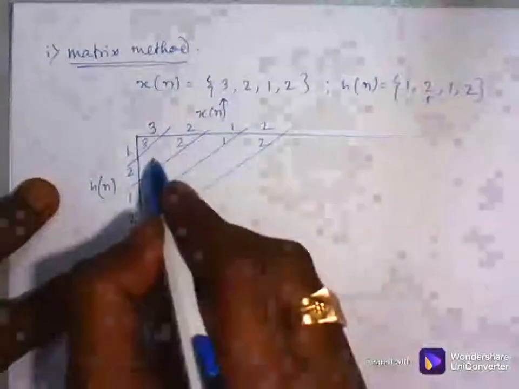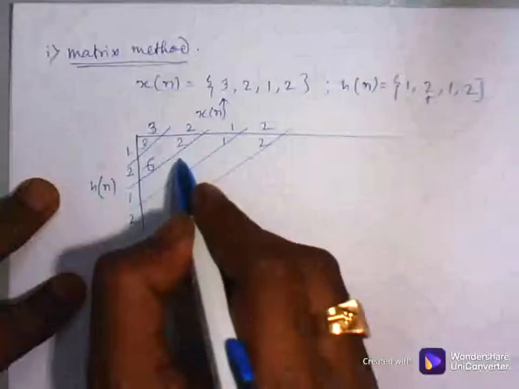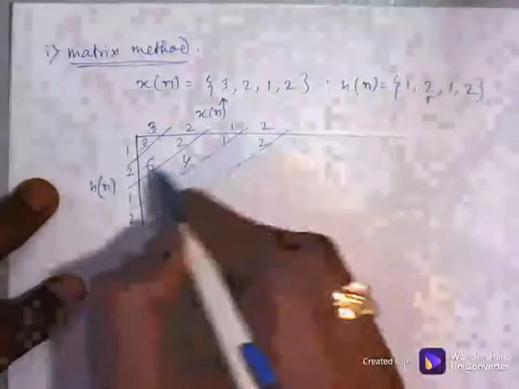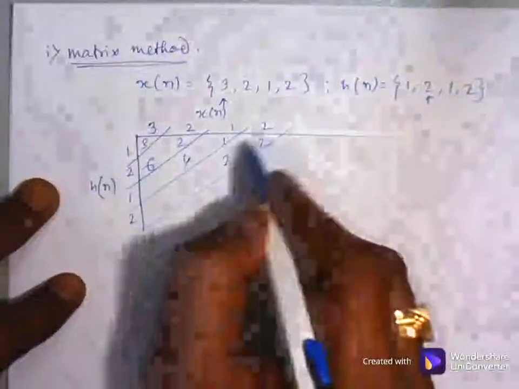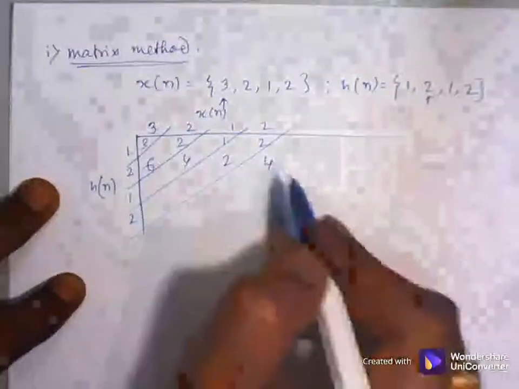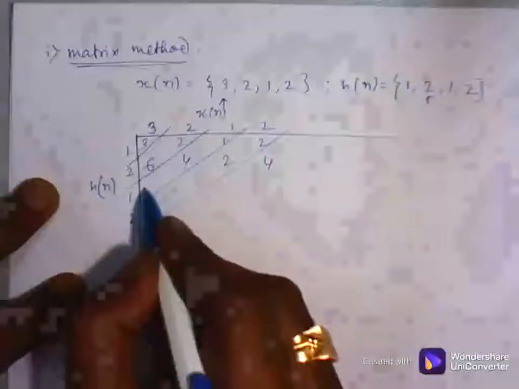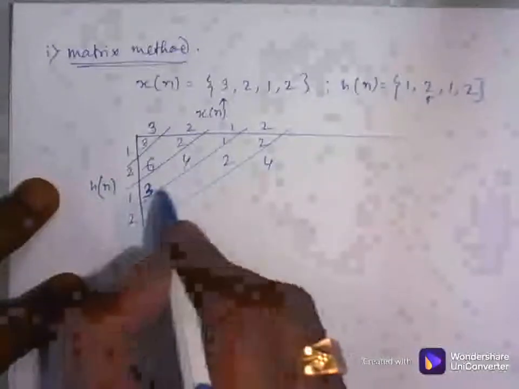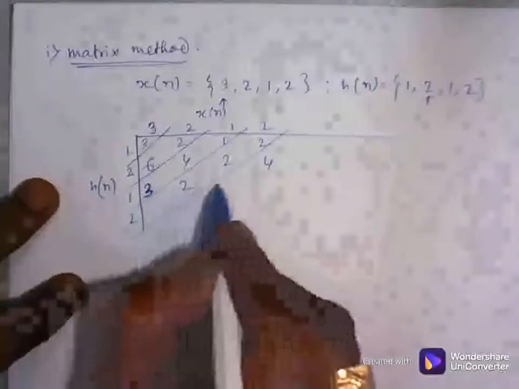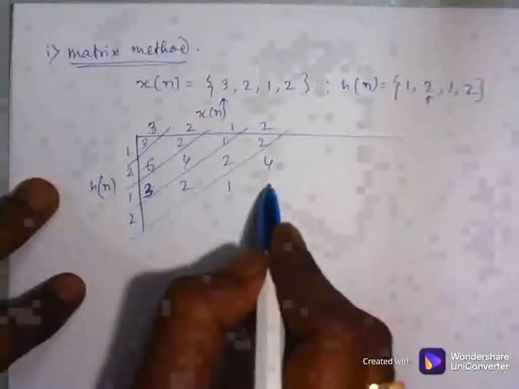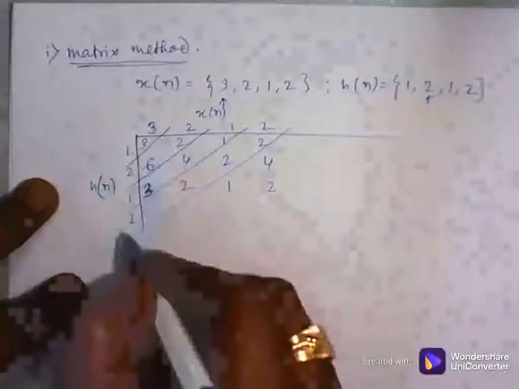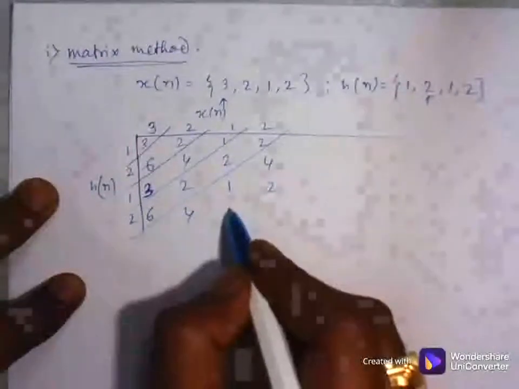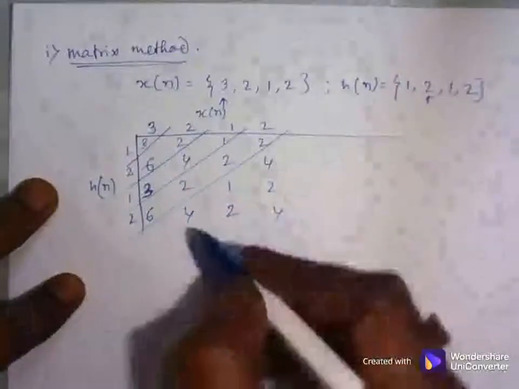Next, 3 with 2 is 6, 4, 2, 4. Next is 3, 2, 1, 2. Then 6, 4, 2, 4.